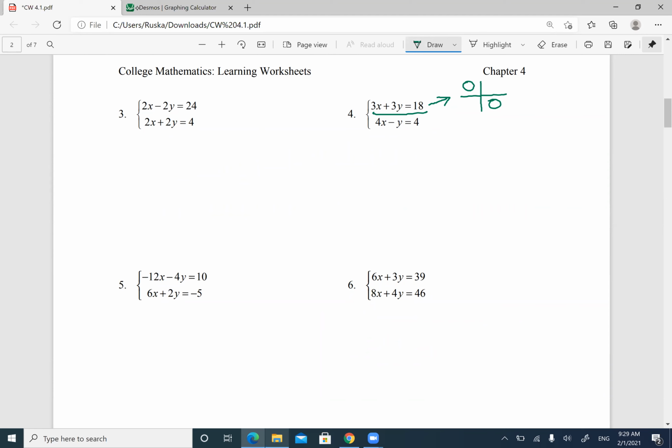When x is 0, I plug it into my first equation. 3 times 0 is 0, and I have 3y equals 18. I divide by 3, and that gives me 6. So when x is 0, y is 6.